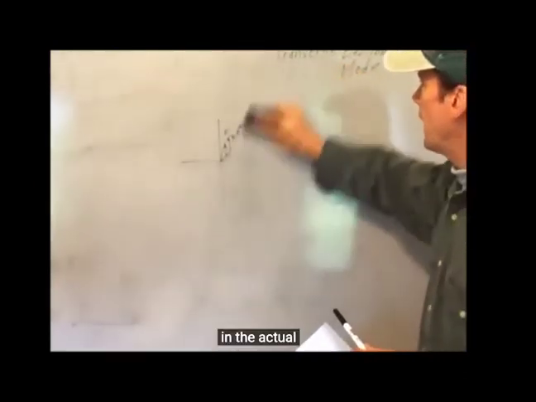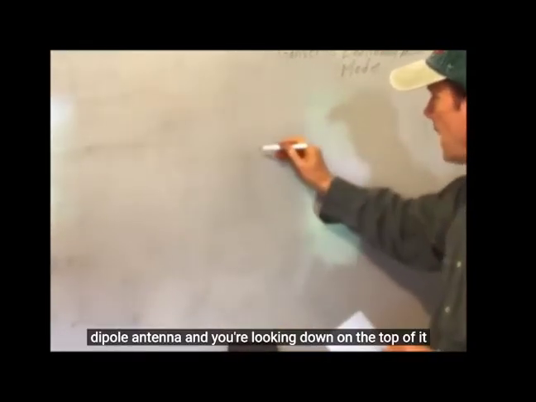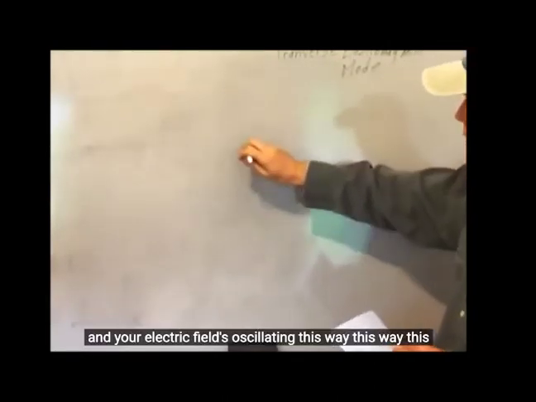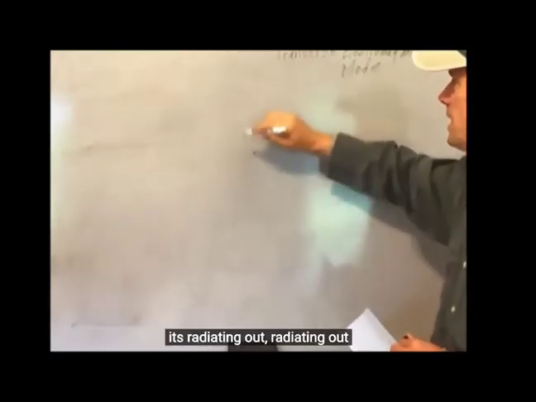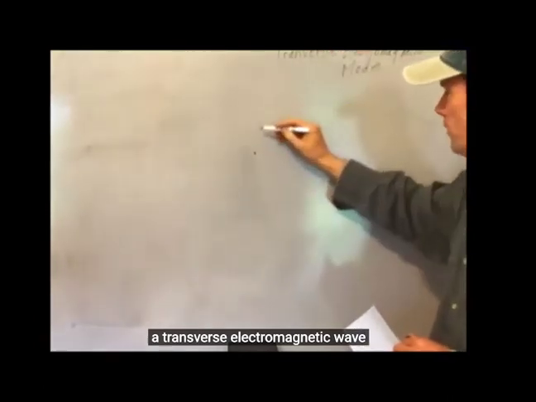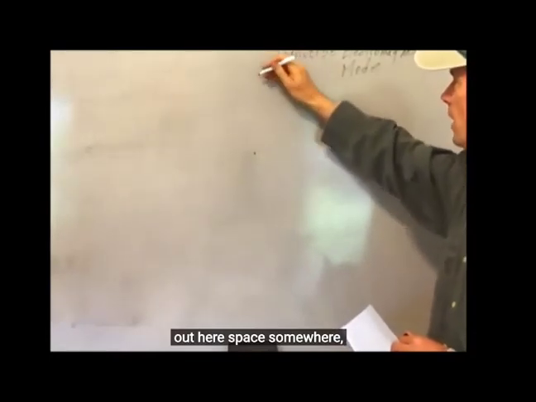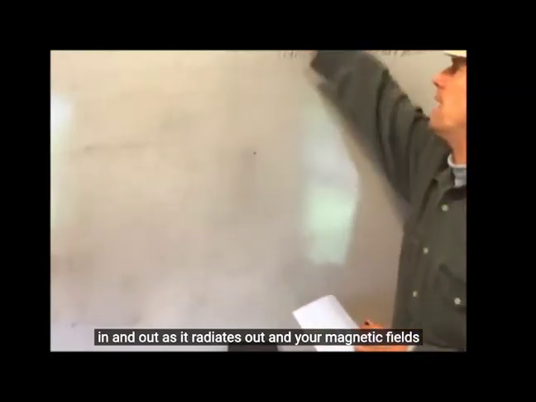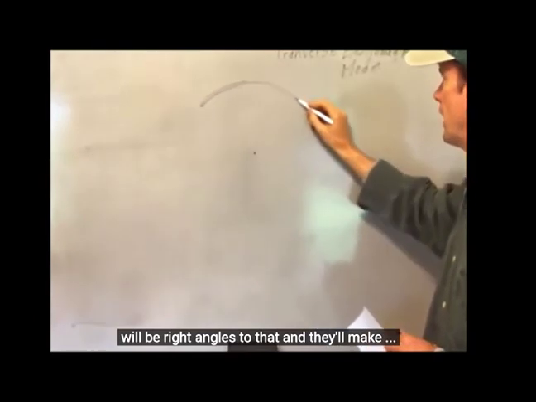In the real world, if you have a dipole antenna and you're looking down on the top of it, and your electric field is oscillating this way and that way, it's radiating out a transverse electromagnetic wave. Out in space somewhere, your E field will be going in and out as it radiates out, and your magnetic fields will be at right angles to that.